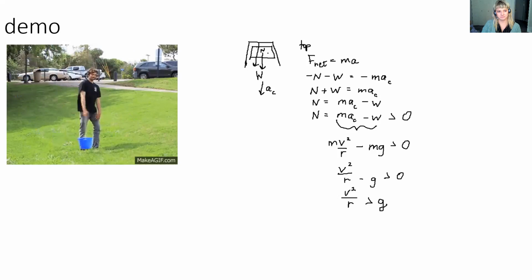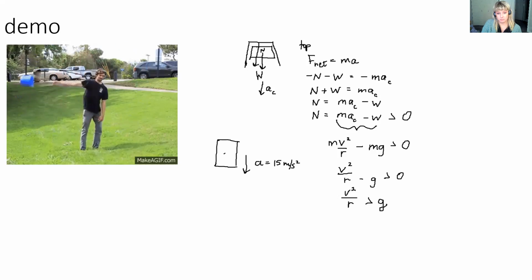It's kind of like if you were in an elevator, and all of a sudden the elevator starts accelerating downward at 15 meters per second squared. Well, you're only going to fall at 9.8 meters per second squared. You're in free fall. So what's going to happen?